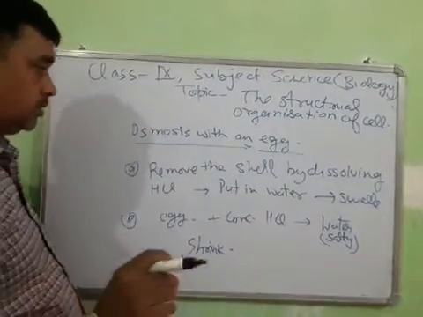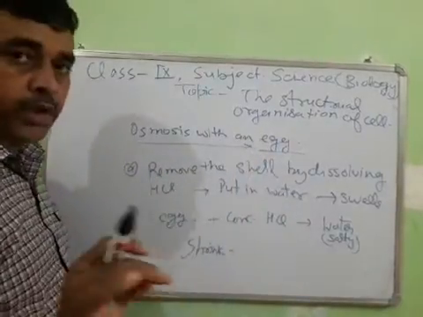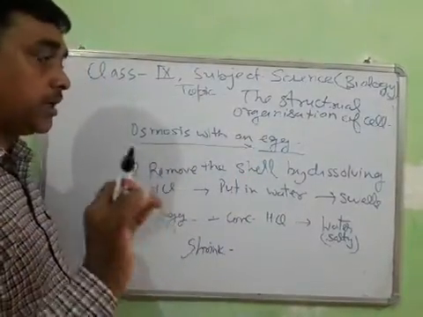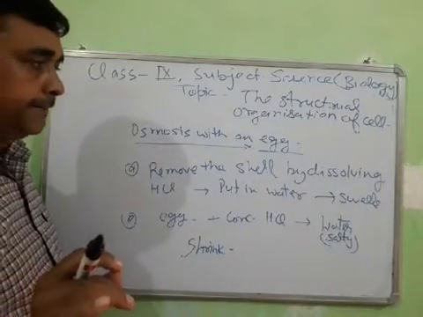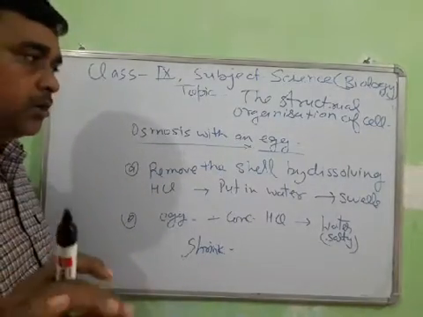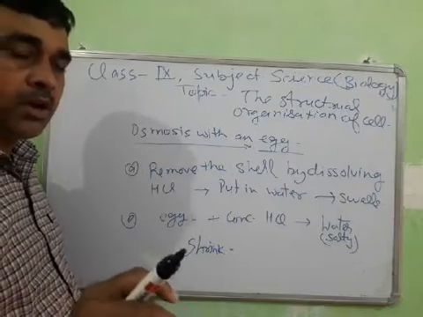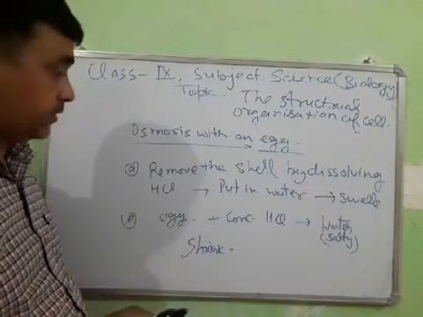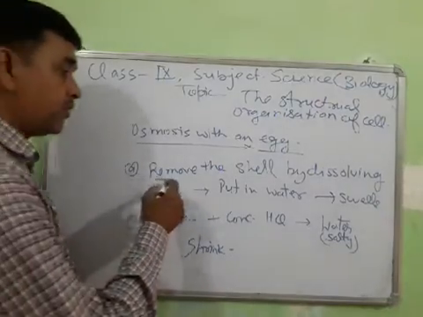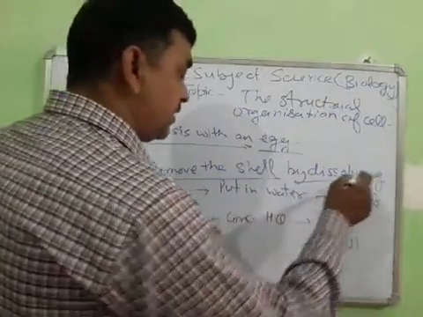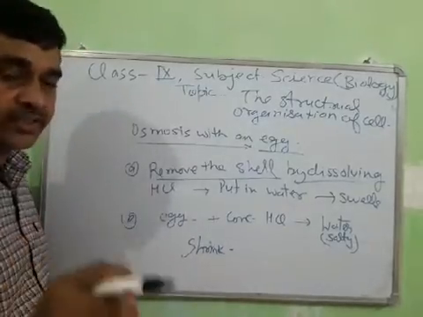Okay, see students, osmosis with an egg, you can also do this activity at your home, but it is very difficult to remove the outer covering that is made of calcium carbonate. So remove the shell by dissolving the egg in hydrochloric acid.